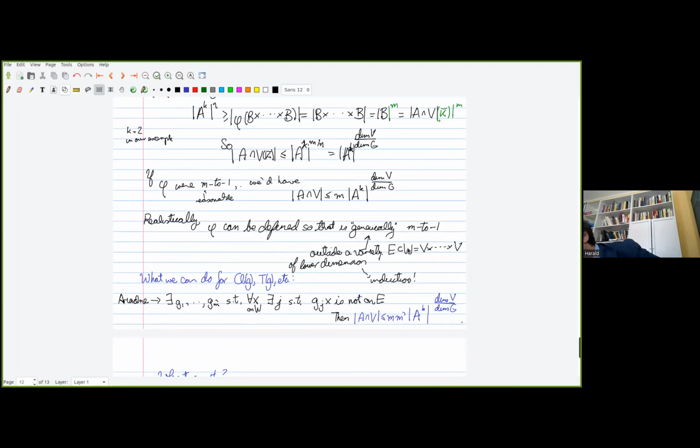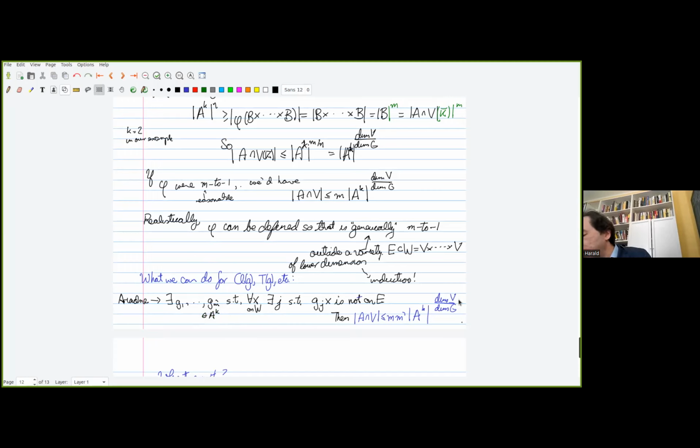All right, but that's a general case. That's one of the reasons why you end up doing induction and your bounds degrade, unfortunately, because of induction. What can you do for CL of G, the conjugacy class of G, for T of G, and so forth? Well, because of Ariadne, there exist these elements in A^k such that, no matter where your x is on V, on W, one of these elements multiplied by x gets you out of the nasty exceptional variety.